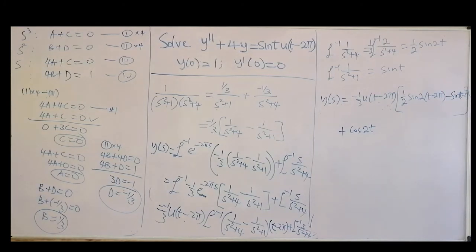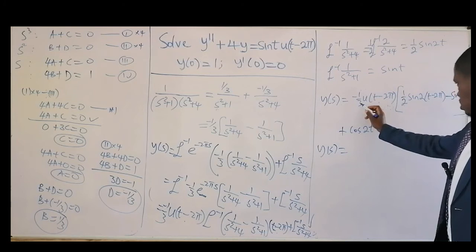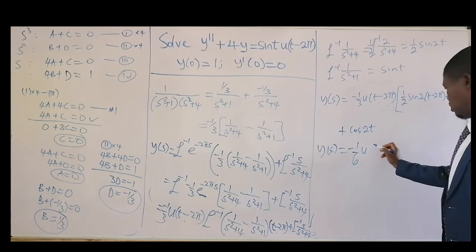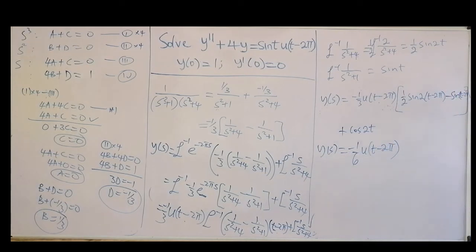If you would like, we can open the bracket, which will be equal to minus 1 over 3 times 1 over 2, that's minus 1 over 6, u of t minus 2 pi, sine of 2t plus 4 pi.